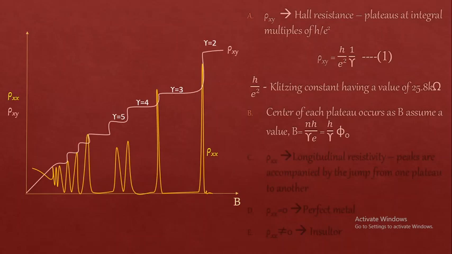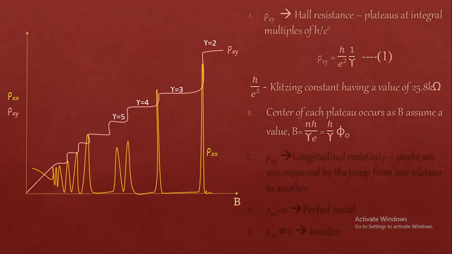So based on the combination of these two equations, we have this graph. So as B changes, with gamma constant, rho xy is going to change. So the quantization persists over a range of external magnetic field. So this is about rho xy.